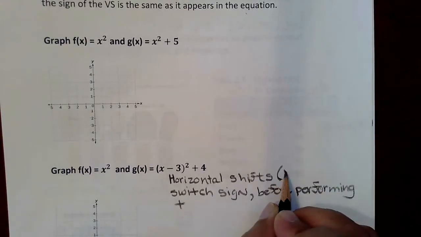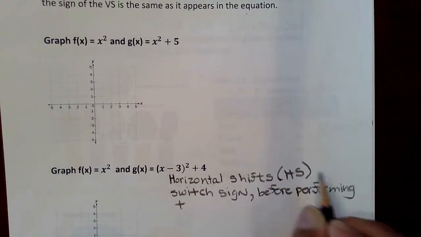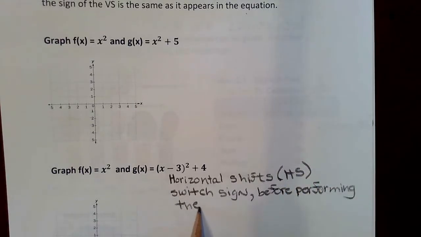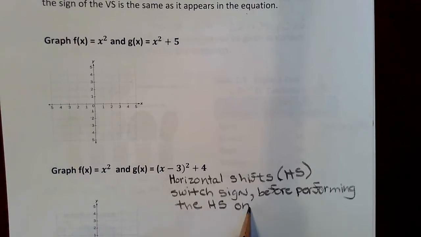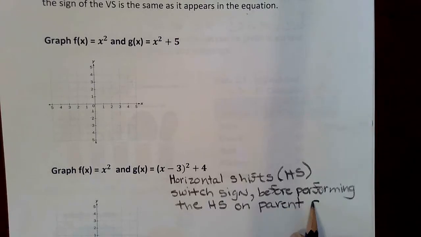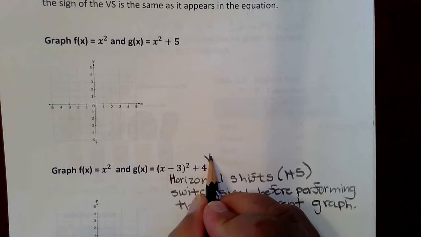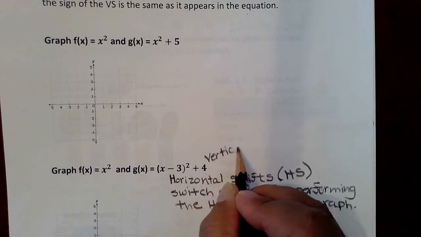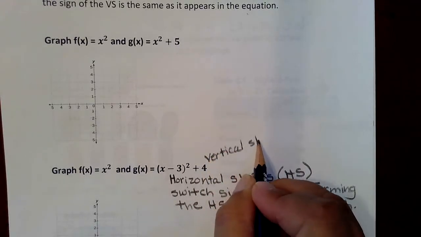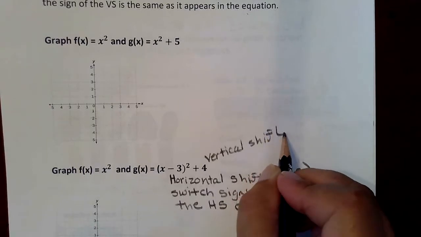before performing the horizontal shift. And I'll just use HS for horizontal shift. It's just too much to write out. Before performing the horizontal shift on the parent graph, I'll show you what I mean. Whereas when you have a number that is not inside the parentheses with the x, that's known as a vertical shift, which I will just abbreviate VS. You do not switch the sign for that.